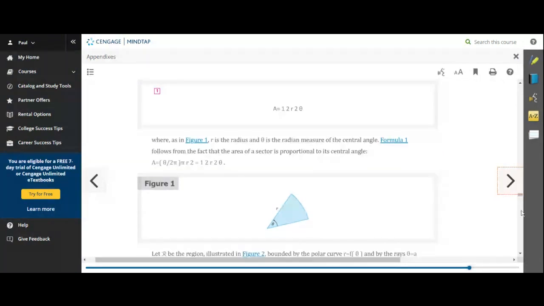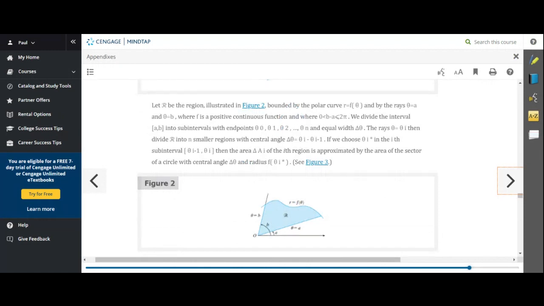All right, so this is section H.2, figure 2. The scenario we're dealing with now is we have a polar curve given by r equals some function of theta, and our starting limit and ending limit are angles. Because r is a function of theta, we're going to integrate with respect to theta.